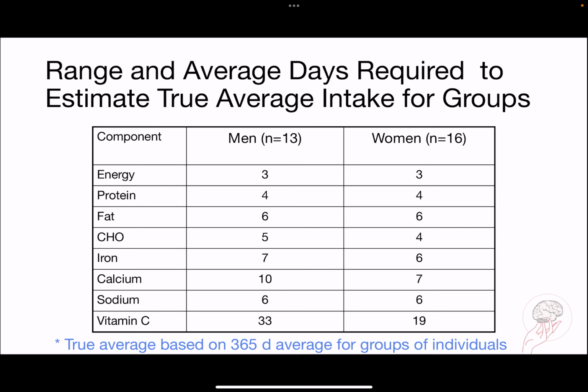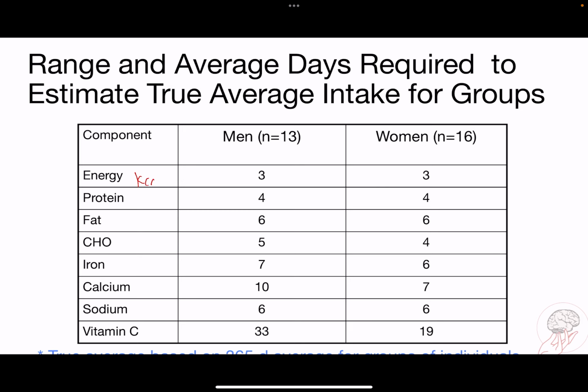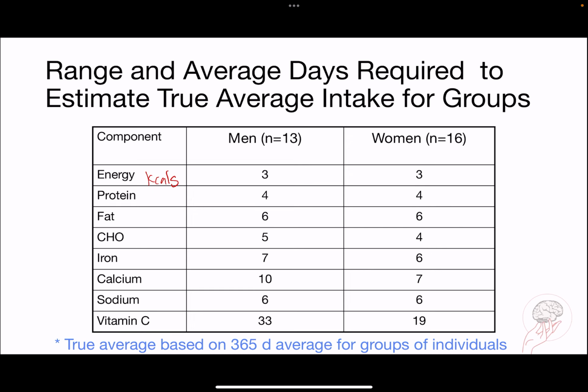So we see that for energy, this is just kcals, of course. This is what most of our dietary recalls are looking at, how much energy people are consuming. It takes around 3 days to get a true average intake. However, if we want to really look at protein or fat or carbohydrate, we need more days. Now we're getting into 4 to 6 days.